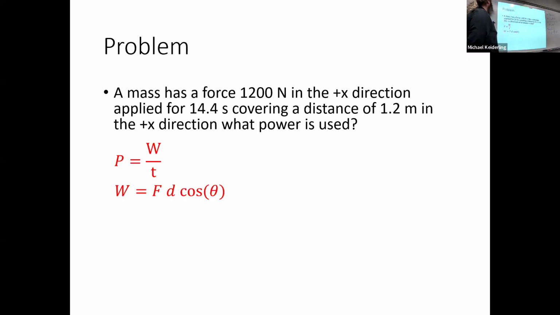Power is work over time. Work is force times distance times cosine theta.